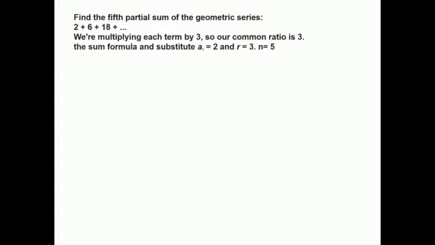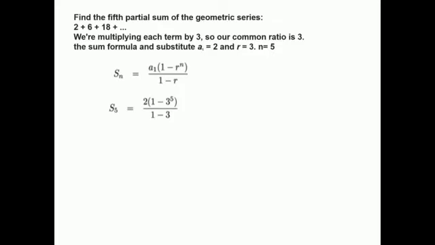Okay, so we can write the values here. Apply the values in the formula. Sn is equal to a1 times 1 minus r power n divided by 1 minus r. S5 is equal to 2, with a equal to 2, times 1 minus 3 power 5, divided by 1 minus 3.